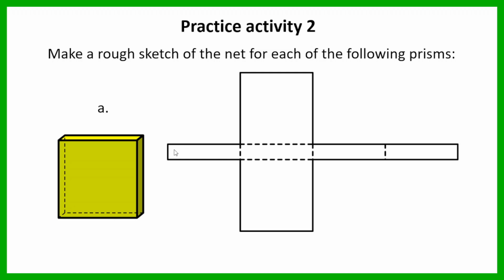Also, make sure that the rectangles are the correct size. You can see that they are very narrow. The distance between the two ends over here is very short. So they are narrow rectangles, but they need to be the same length as the side of the square. So all of these rectangles need to be the same length as the side of each of these 2 squares. So this is one option for your net for this particular prism.